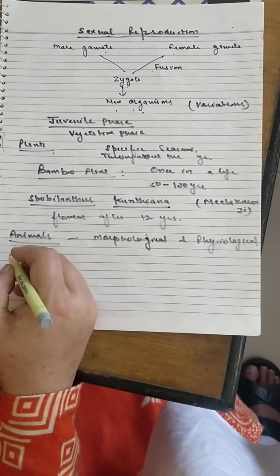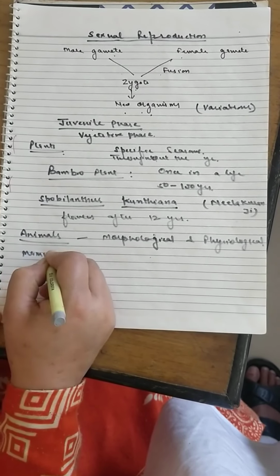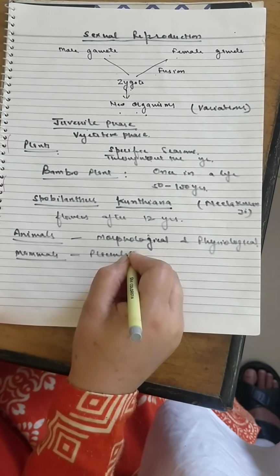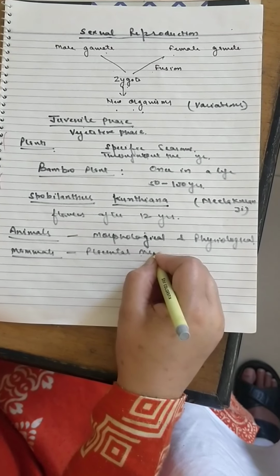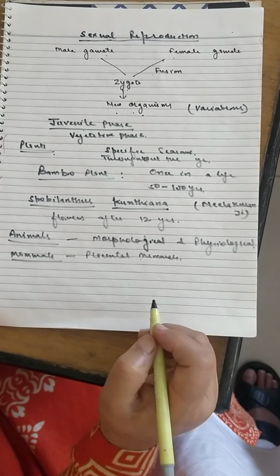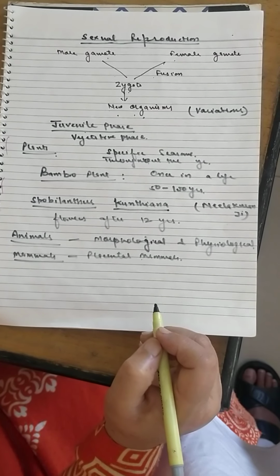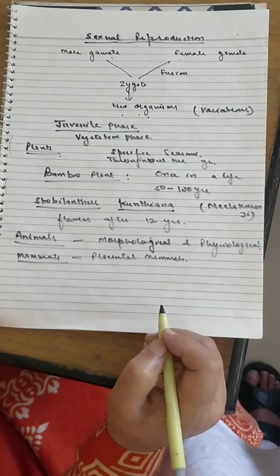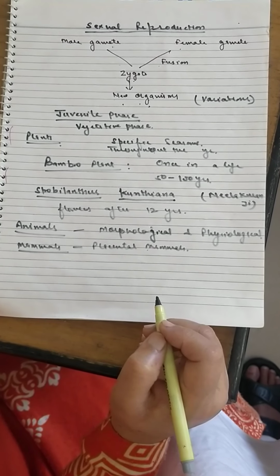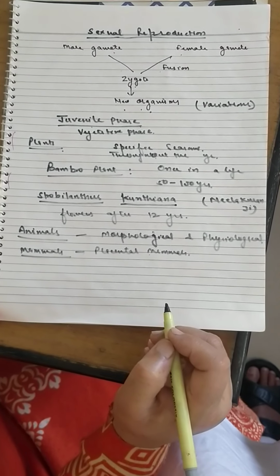In mammals, that is the placental mammals, where the placenta is present, some cyclical changes occur in the ovaries, accessory ducts, as well as in hormones during the reproductive phase.